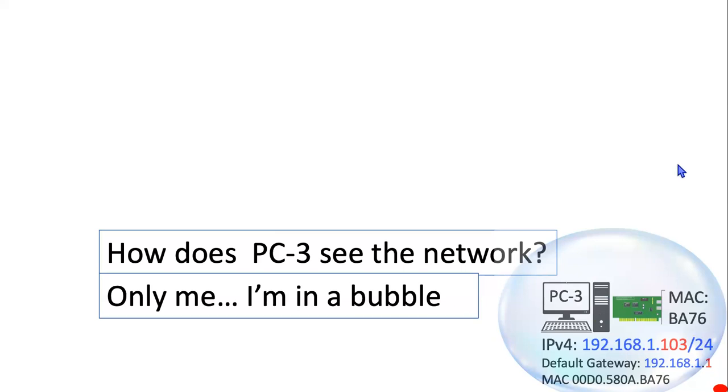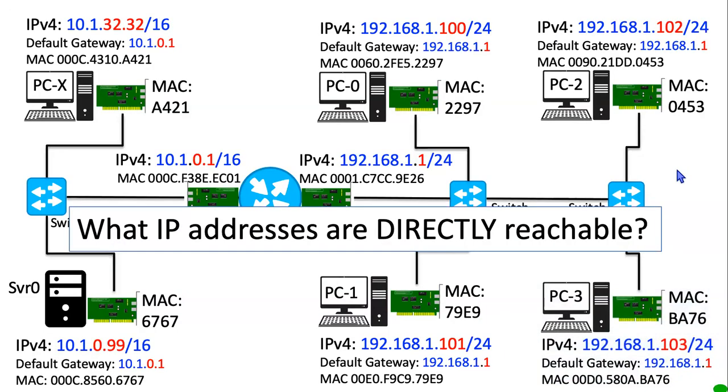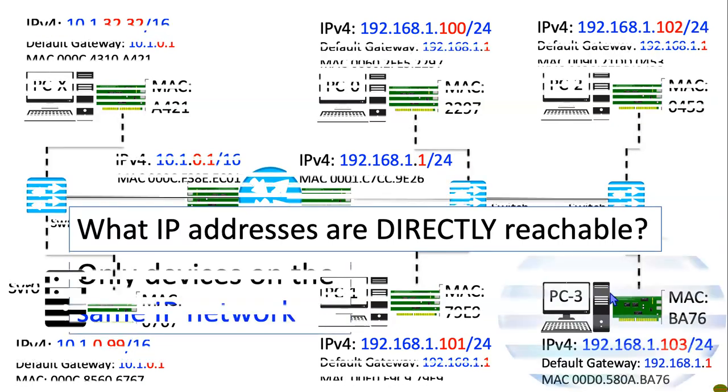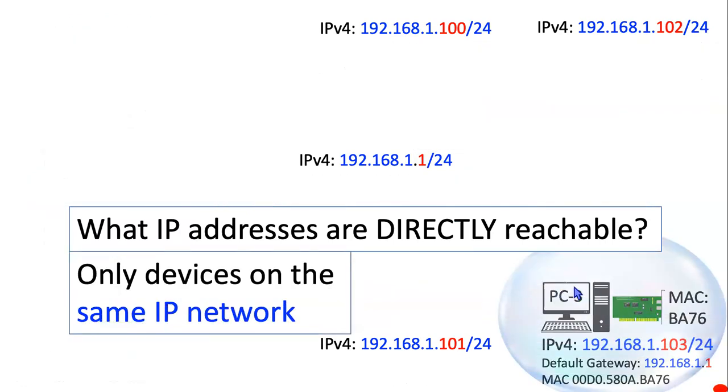It only sees itself. So what IP addresses are directly reachable? As far as what's directly reachable from PC3's perspective is the other IP addresses on its network. Now, yes, it can send packets to devices on other IP networks. We'll see that in a moment.